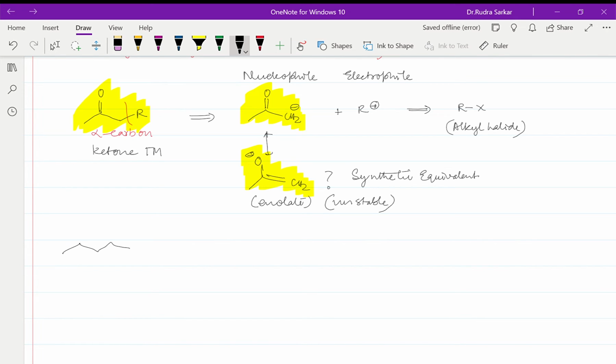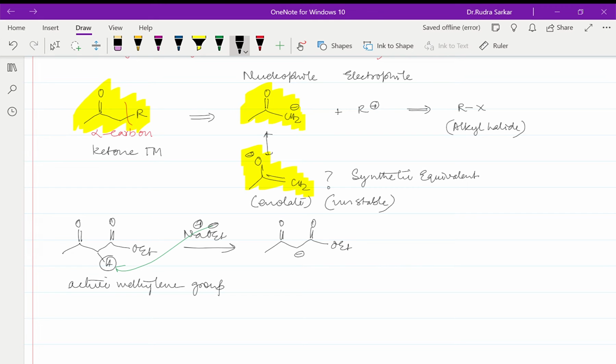For that, instead of acetone, we will use ethyl acetoacetate and react it with a base, which will lead to the removal of this acidic proton from the active methylene group, and give us our desired synthetic equivalent, which we will write like this.